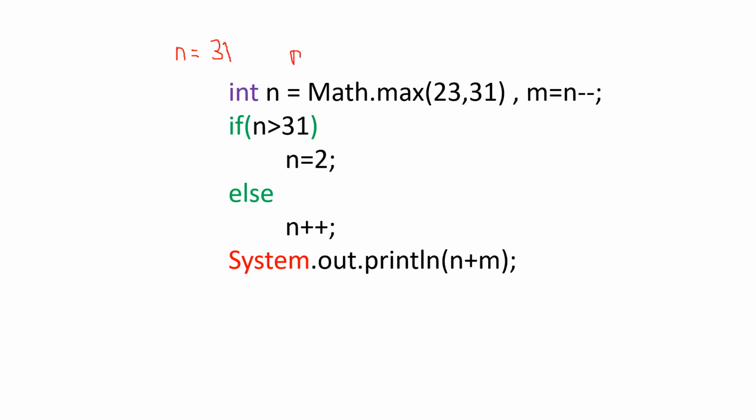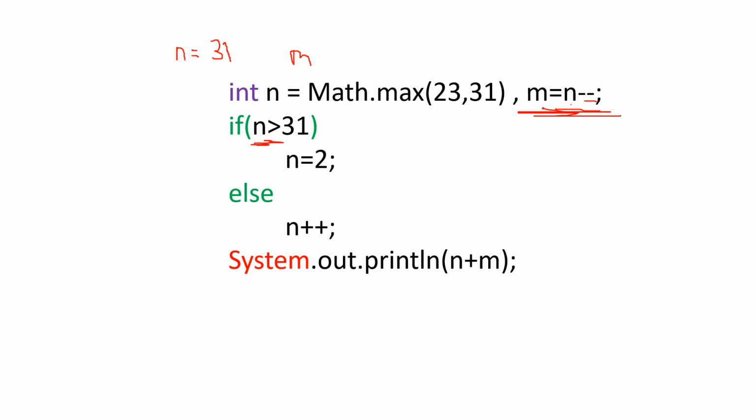And then we have this variable m. So let's see the value of m. So m is n minus minus. Minus minus is a decrement operator, but we must remember its position. It is in a postfix position. In that case, the value of n will decrease after this entire line is executed, or simply the effect of this decrement will be seen the next time the value of n is called, which is over here.